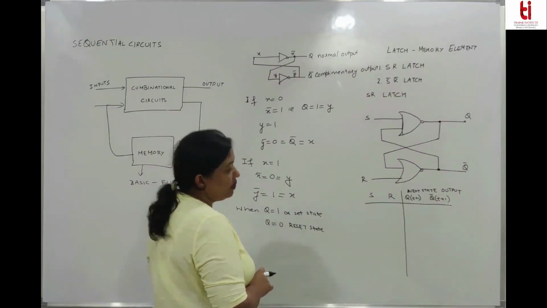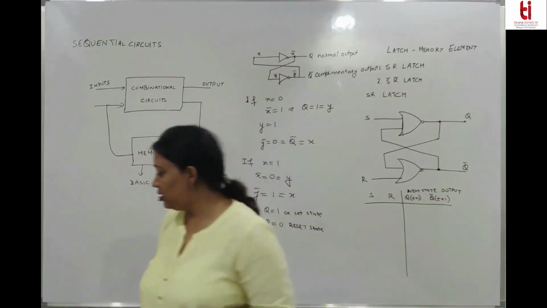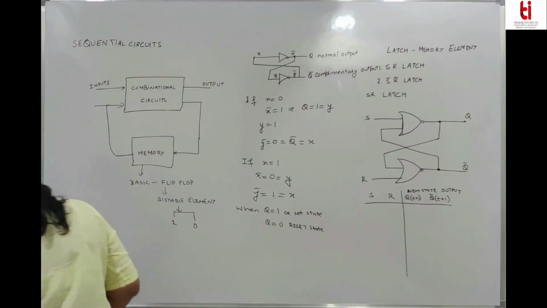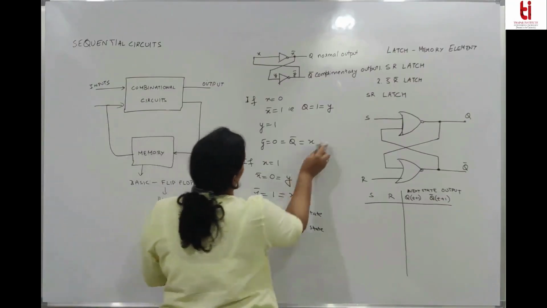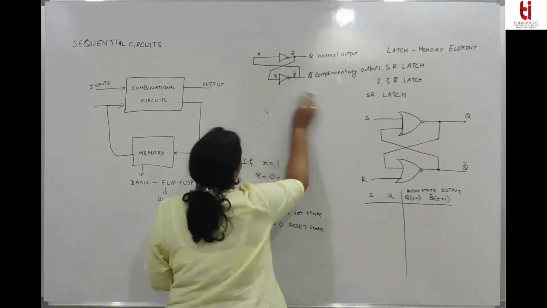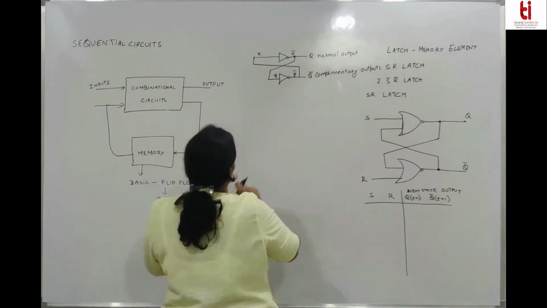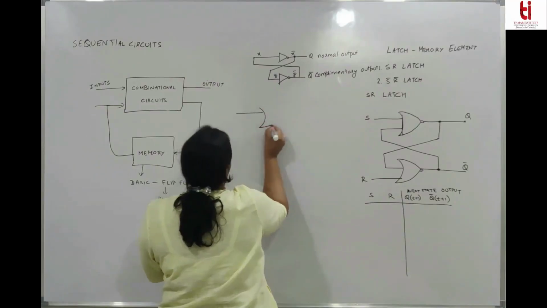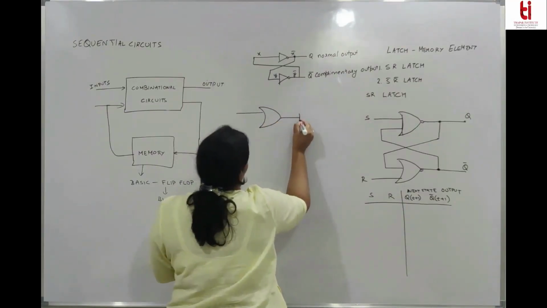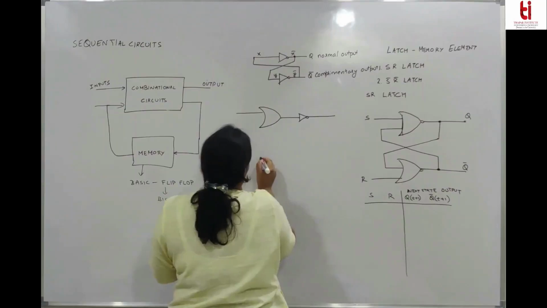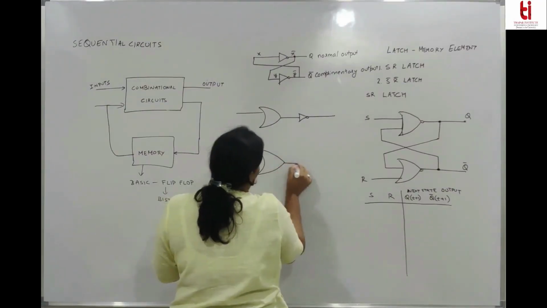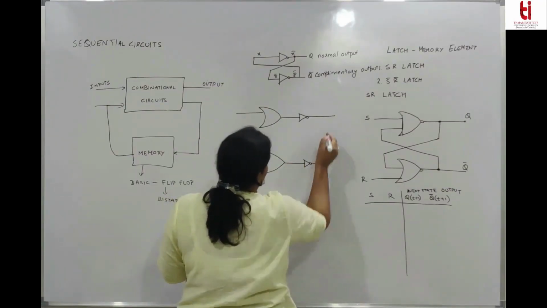You can simply draw this, if you don't want this, you can simply draw it like this also. It's an OR gate followed by a NOT gate, again an OR gate followed by a NOT gate.